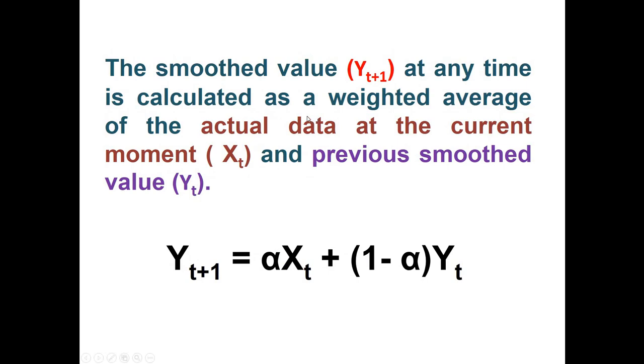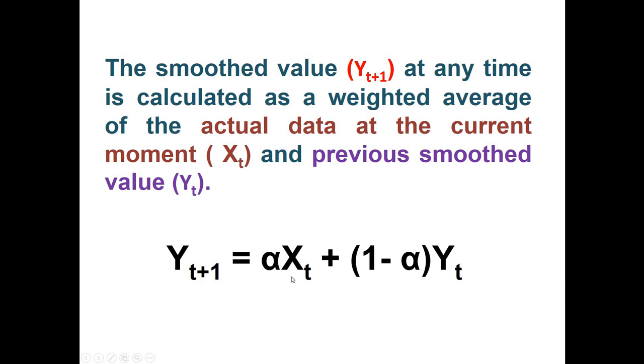This can be expressed mathematically like this: the next value, y(t+1), the forecast, is alpha times x(t), where x(t) is the current data and y(t) is the previous forecast.